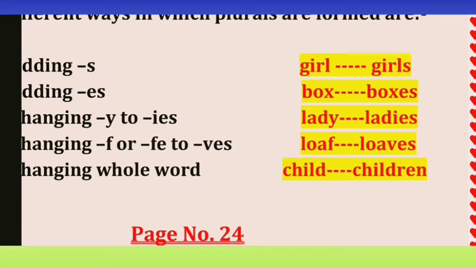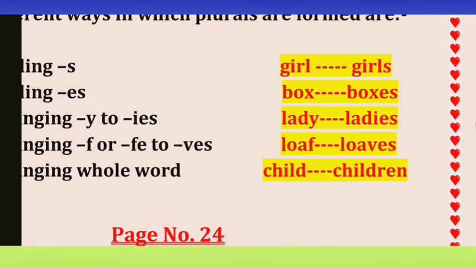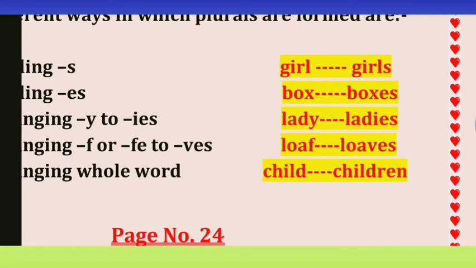We have to convert it into the plural form. How will we do it, students? We have to remove the f from here and add ves to loaf. L-O-A-V-E-S. It becomes loaves. Loaf, loaves. So now loaves is the plural form of loaf.